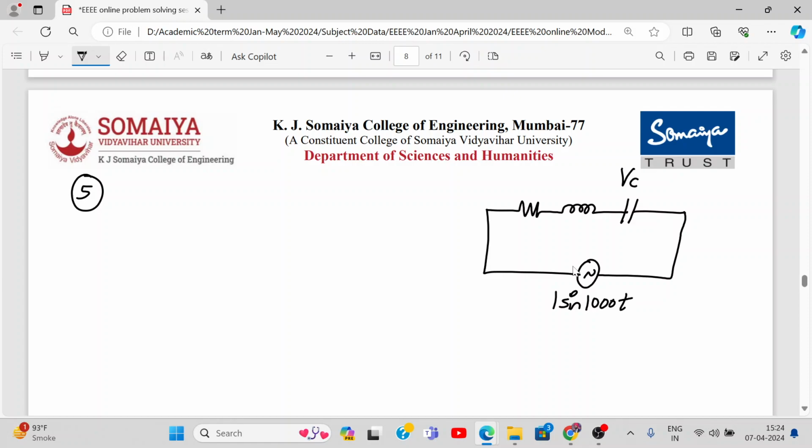And they are asking us what is the maximum value across C. Okay, now the current flowing through the circuit might be I. This is VR and this is VL. Alright, now let's write this down. Voltage across the circuit is given by V is equal to 1 sine 1000t.